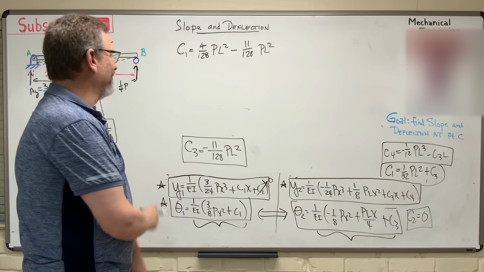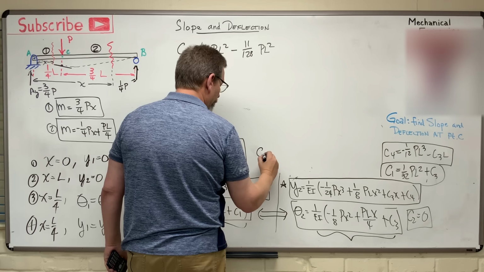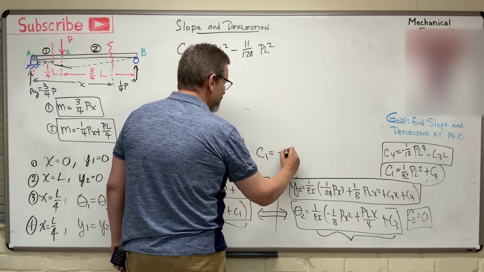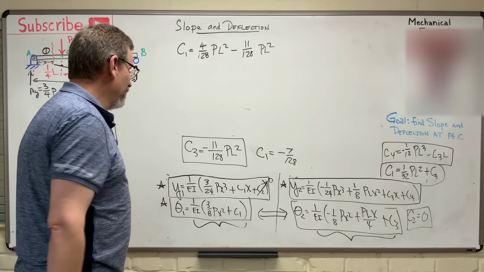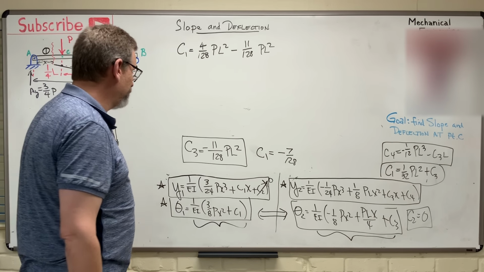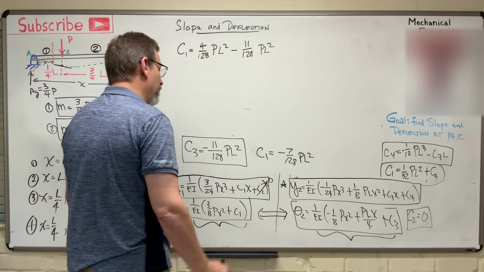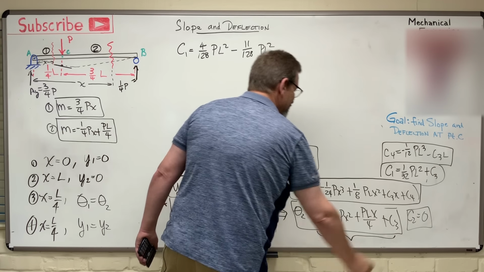And 4 minus 11 is what? So C1 is equal to minus 7 over 128 PL squared. Okay, there's another one. Of course, C2, we remember, is 0.